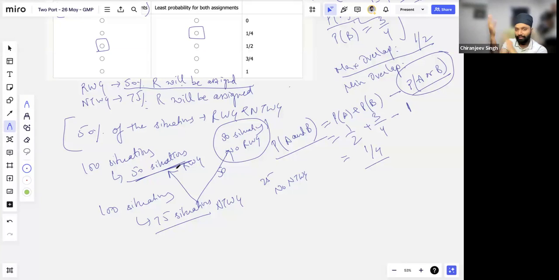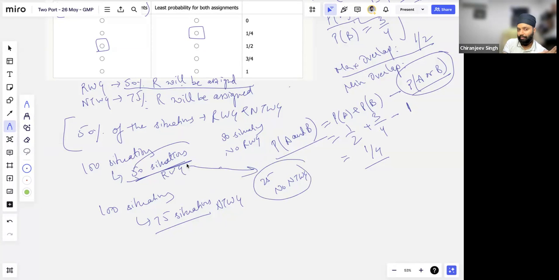And you can also think it the other way around. Instead of thinking like this, you can think कि मुझे इन लोगों को RWG को NTWG वाले जगह पे नहीं भेजना जहाँ पे NTWG हो रहा है. So I will want to send these RWG to no NTWG situations. But again, I can send only 25.